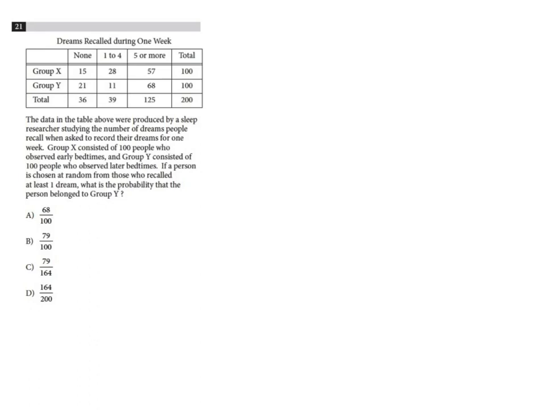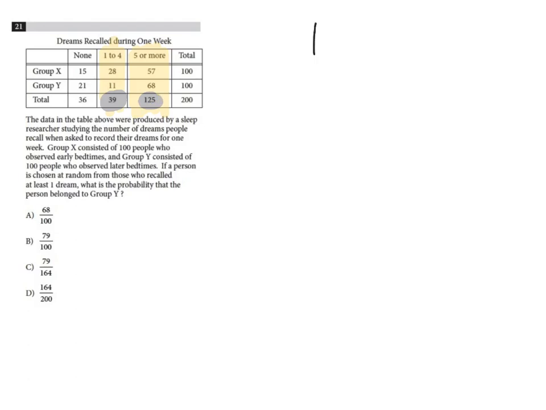Well, the people who recalled at least one dream, that's going to be that group, and that's going to be that group. So how many people are in these two groups? Well, we need to look at the totals for these two.